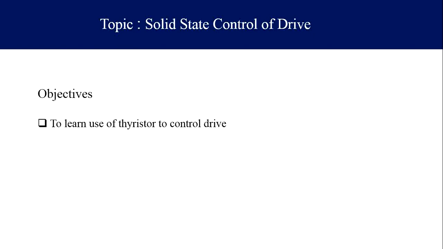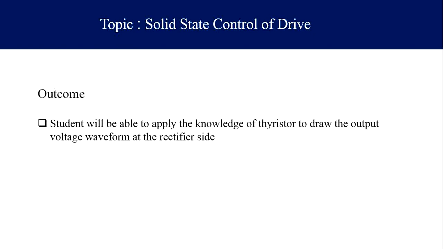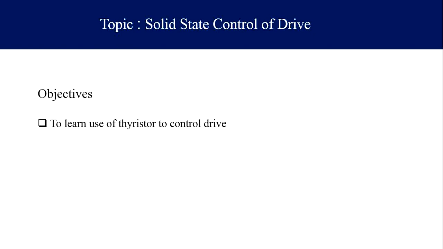So, the objective of this session is to learn the use of thyristors to control a drive. That means, if I say that I want to design a drive, how are you going to place the thyristors, like SCRs or IGBTs, to control the speed of the drive?